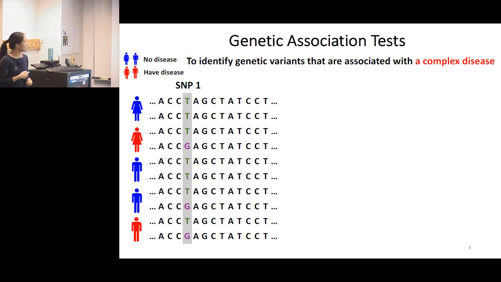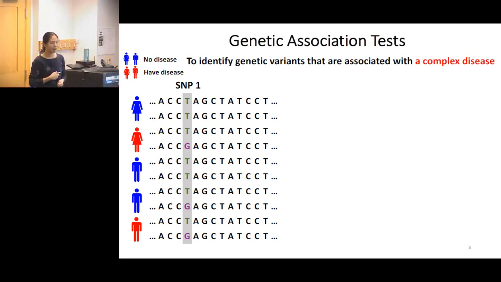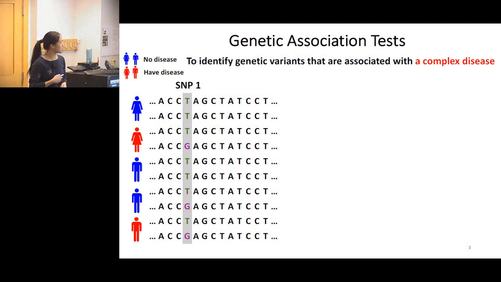In this example, we call it SNP1, and each of us has two copies of each SNP. We call the two different nucleotides for each SNP two alleles, and the one with the lower frequency in the population we call the minor allele. So for example, for SNP1, we have two copies, T and G.